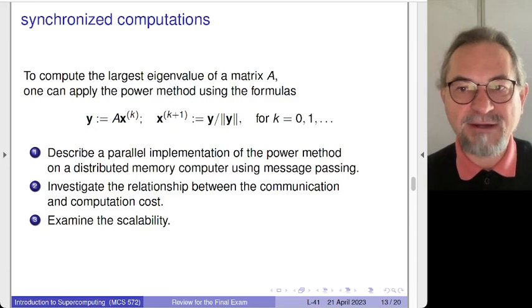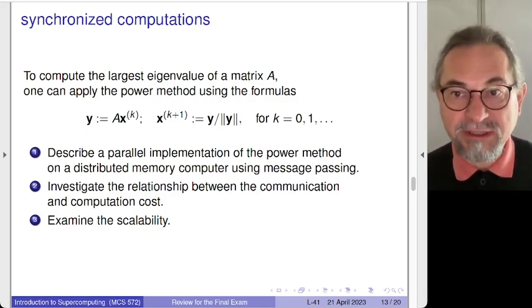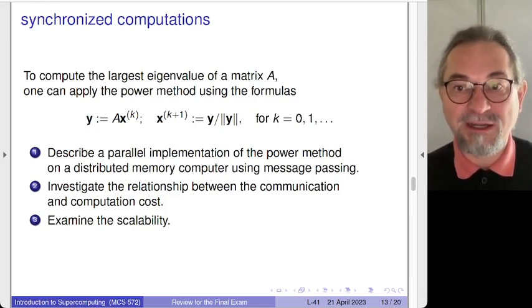So we have an x superscript k, x superscript k plus 1. With the one norm, you could say that every processor can actually decide for itself when to stop. So there is that part of the algorithm that you have to describe as well.